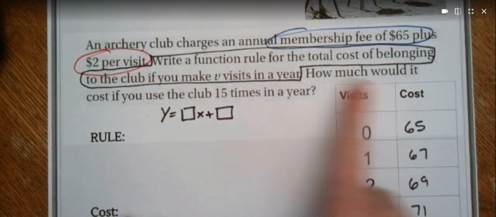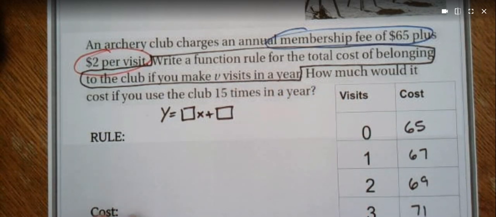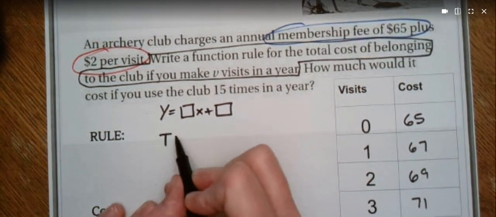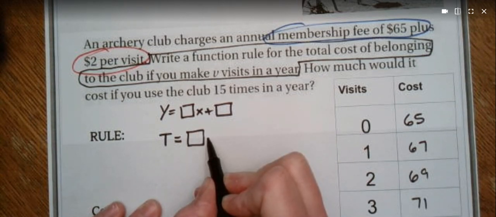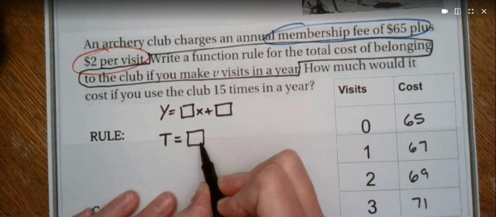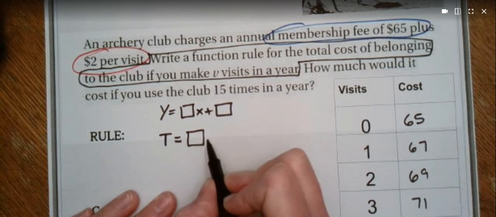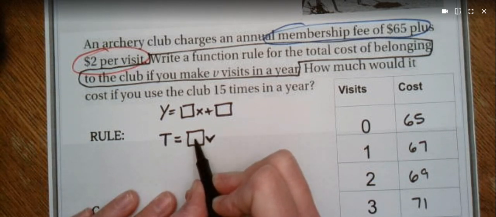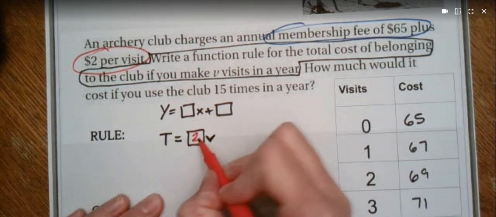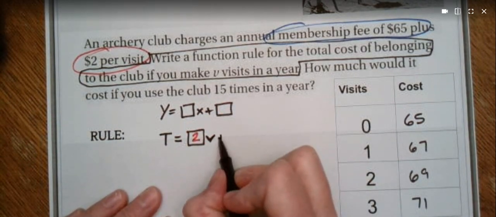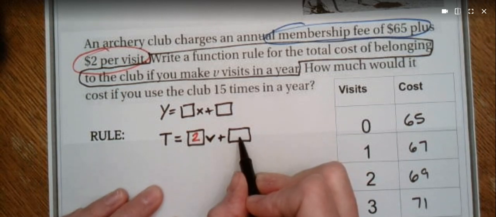Now, we want to figure out our total cost of belonging to the club. So I could say T is going to be my total cost. Whatever I multiply by here, this is my changing value. So the cost of belonging to the club after V visits, I'm going to multiply the cost of each visit by V. So that's $2 per visit. Then I'm going to be adding that constant amount that doesn't ever change.